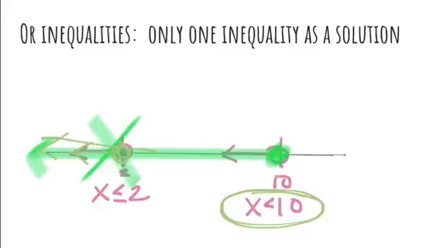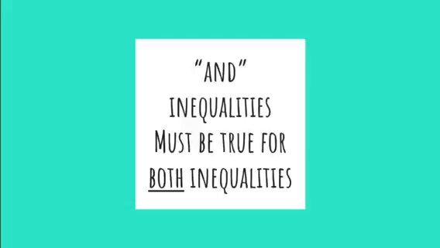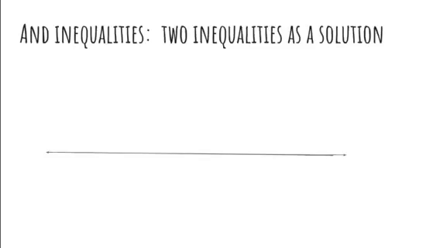Let's move on to AND. AND inequalities are a little bit different because the solution has to be true for both inequalities. So anytime that you would have two inequalities as a solution, it would be something like this when they are facing each other. The solution would be what's in pink here.